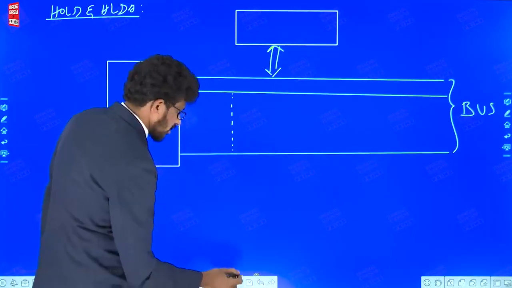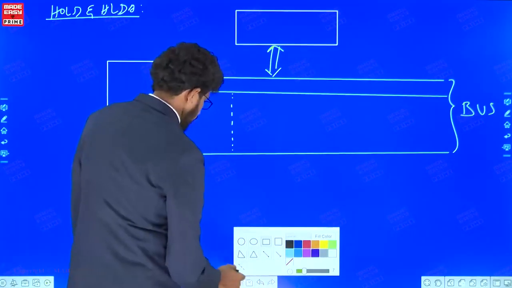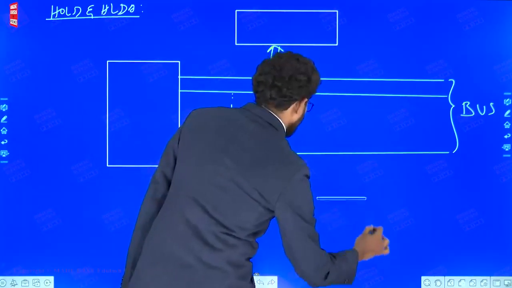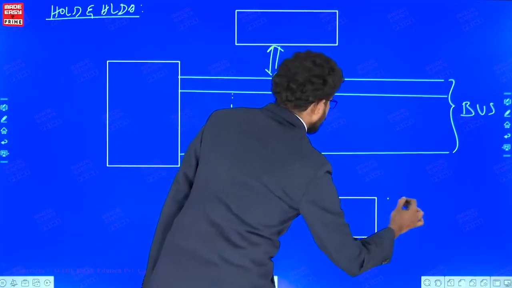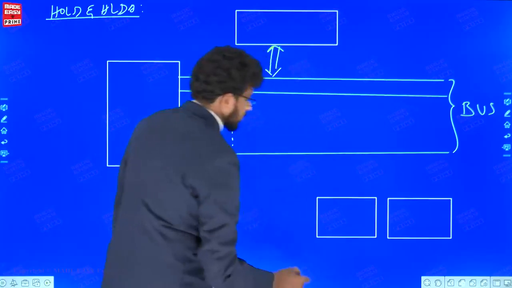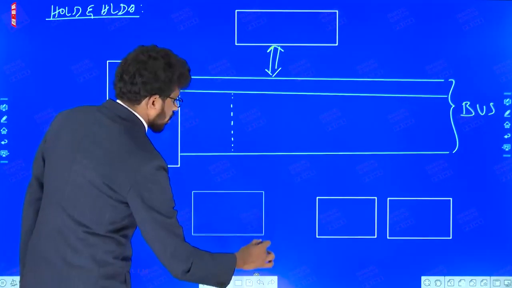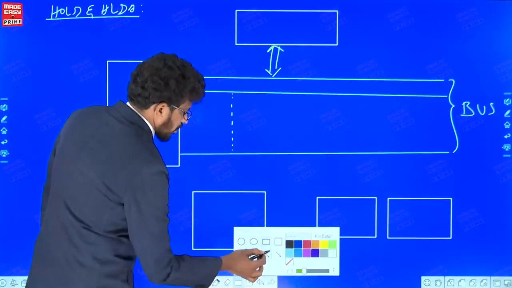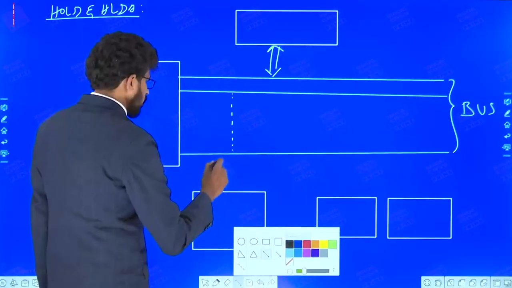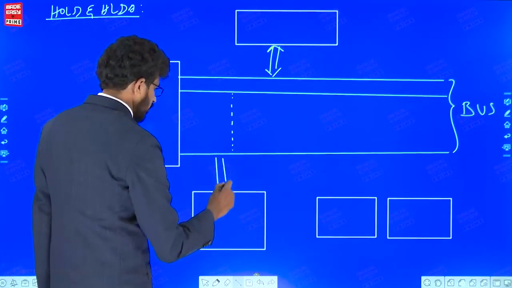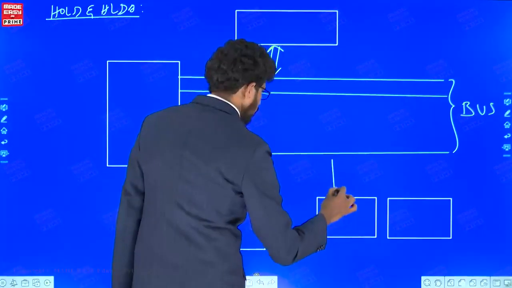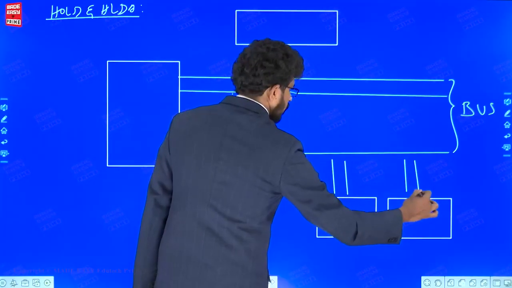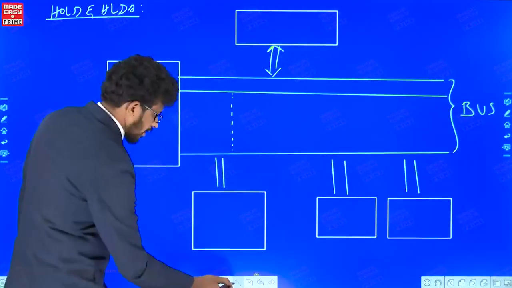Similarly, there are some IO devices. There is some output device, there is some input device. And there is one more important block called the DMA controller. So if you observe, this is how the communication is being done.